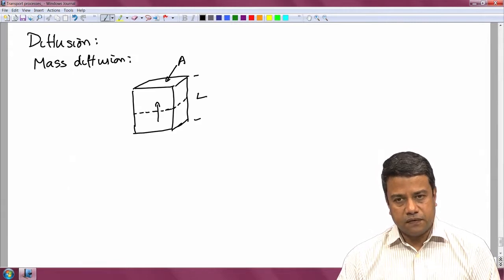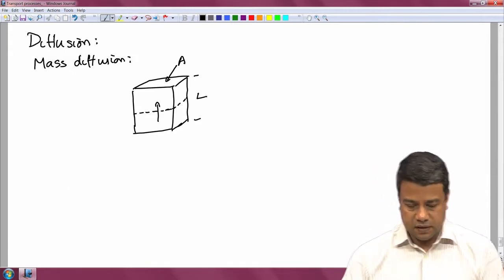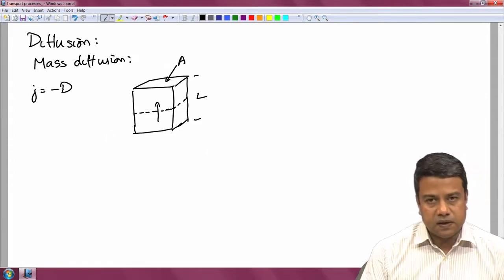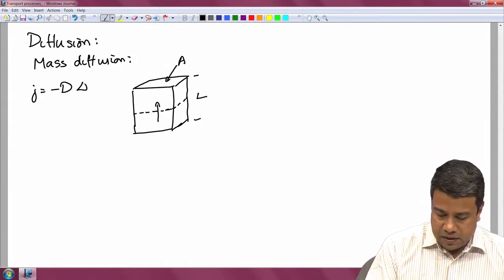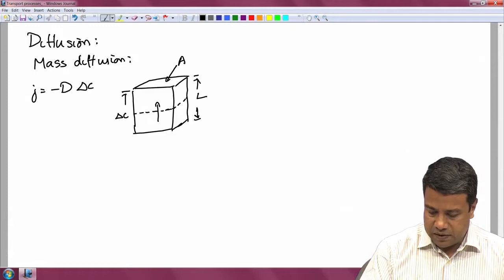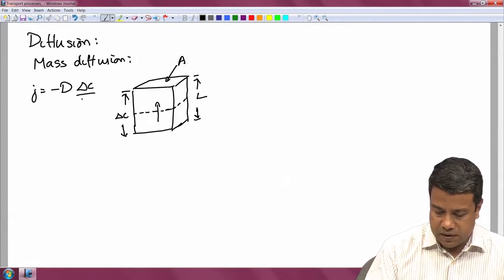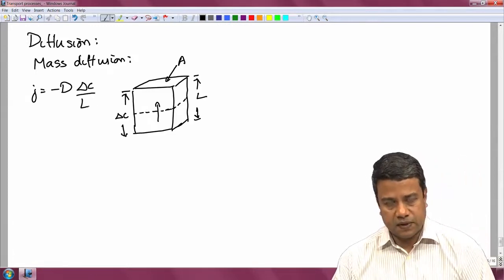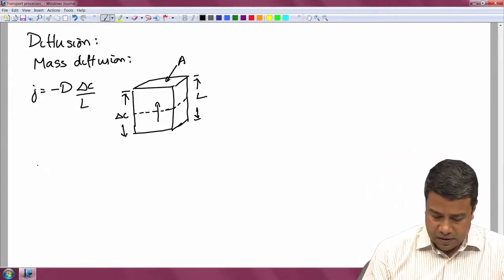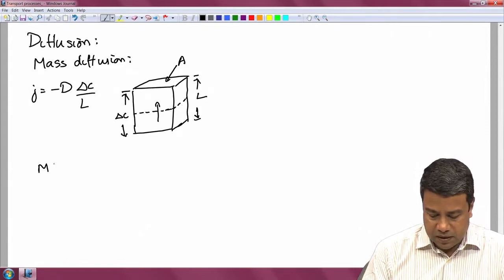The flux of mass across the surface, J, will be equal to minus the diffusion coefficient times the difference in concentration between these two locations divided by L. Recall the flux is mass per unit area per unit time.